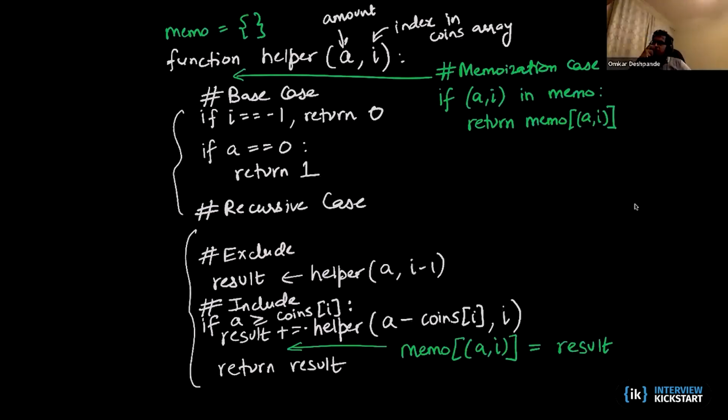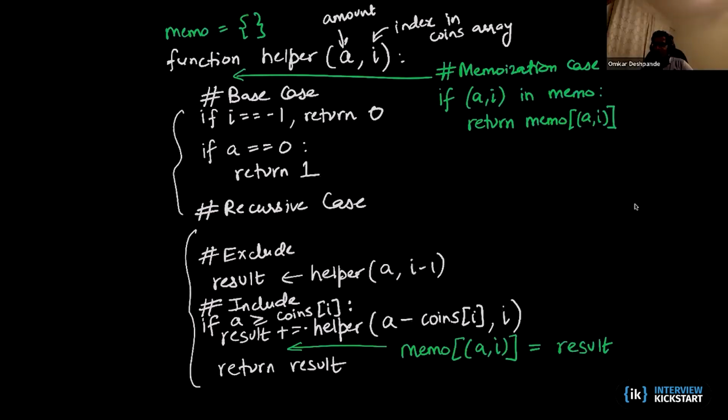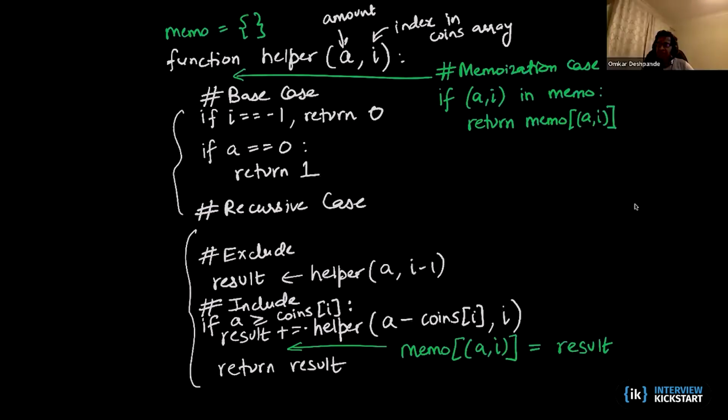If you include the base cases in the memoization table beforehand, then we don't even need them. For example, if a is less than zero, return zero. That can't be put in a memo table because I need a specific key. But if there are specific keys in the base cases, they could be put in the memo table, and then you can omit them from here.